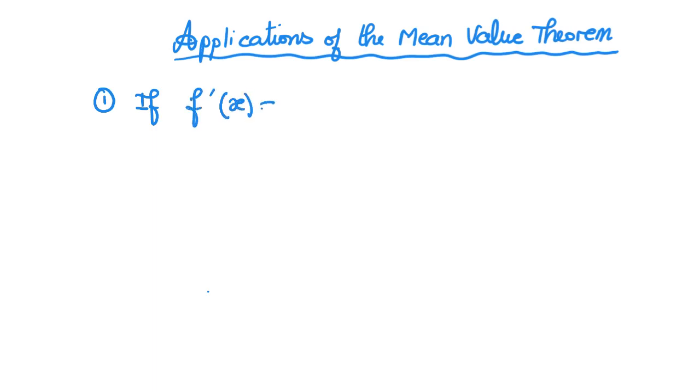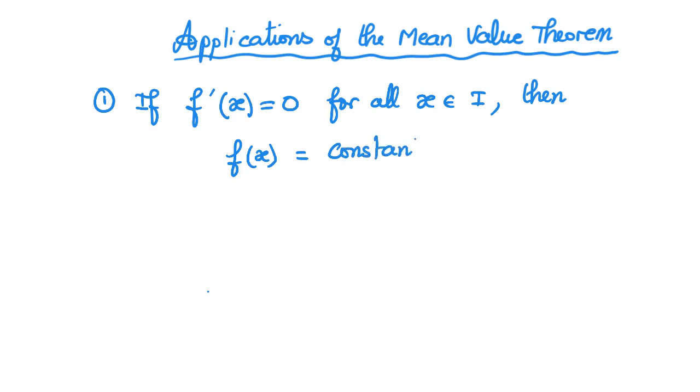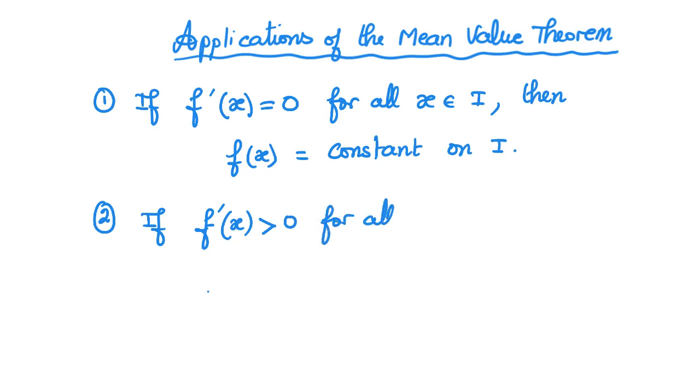If the derivative of a function is equal to 0 for all x in a certain interval I, then using the mean value theorem, we can prove that the function f of x is constant on the interval I. The second application is if the derivative of a function is positive for all x in a certain interval I, then f is increasing on that interval.